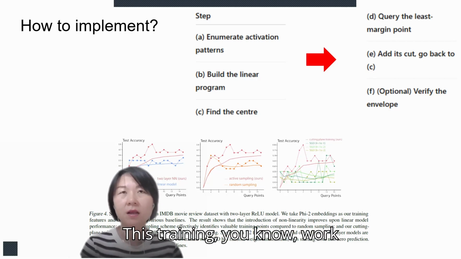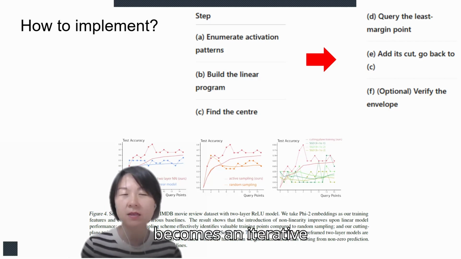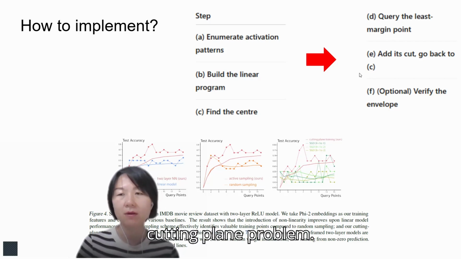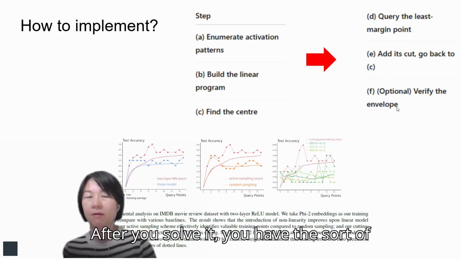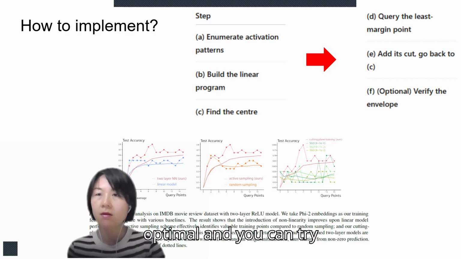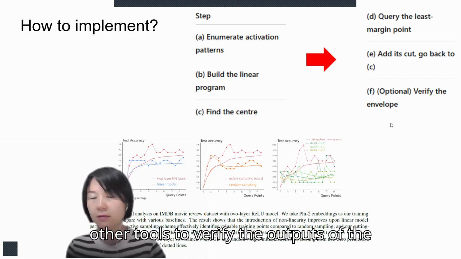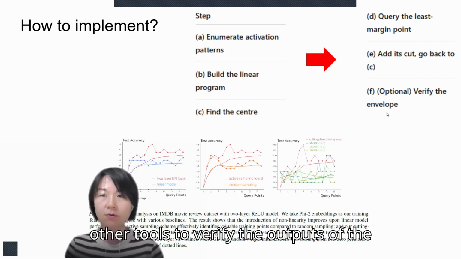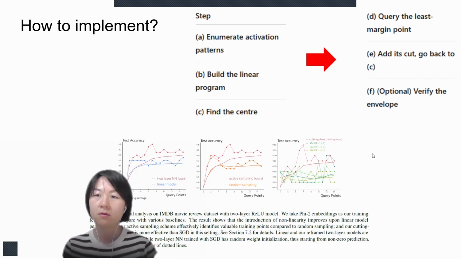Training the neural network becomes this iterative cutting plane problem. After you solve it, you have the theoretical guarantee that the parameters are optimal, and you can try other tools to verify the outputs of the neural network.